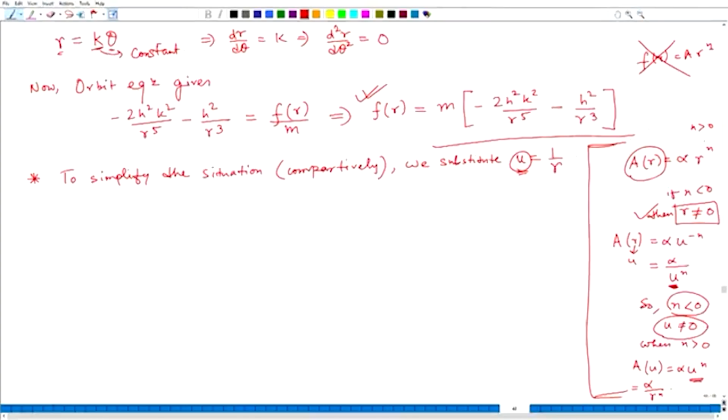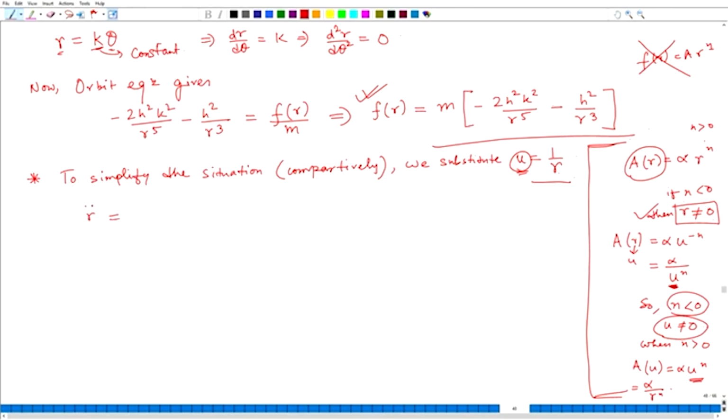So in general, first of all, at this step, in order to get rid of all these problems, we will assume that both u and r are well defined and none of them are blowing up. If you do, then you will see that the orbit equation becomes very simplified.